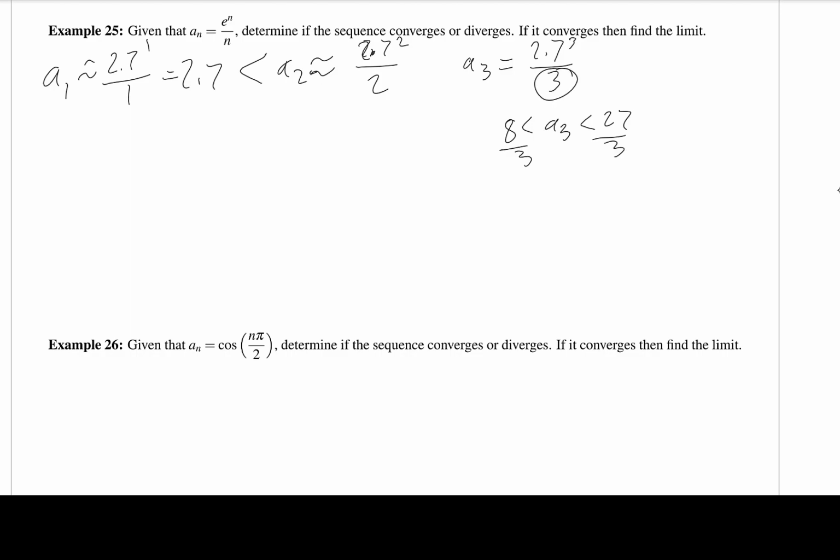I know that a sub 2 lies somewhere in between 4 over 2 and 9 over 2, so it's lying somewhere in between 2 and 4.5.